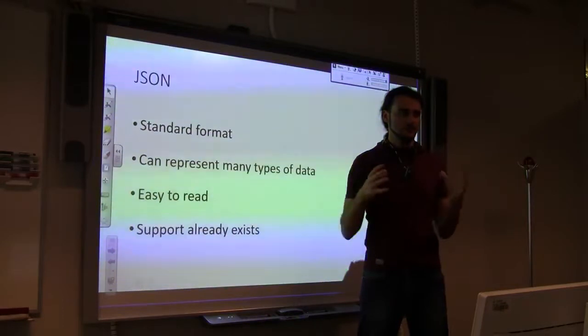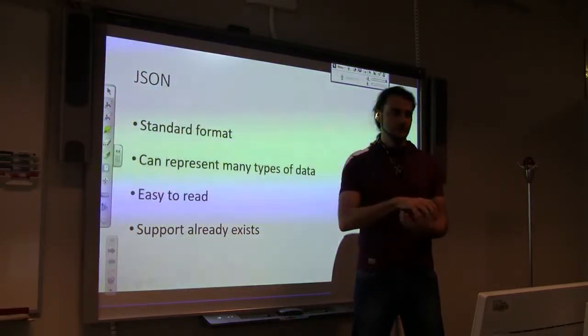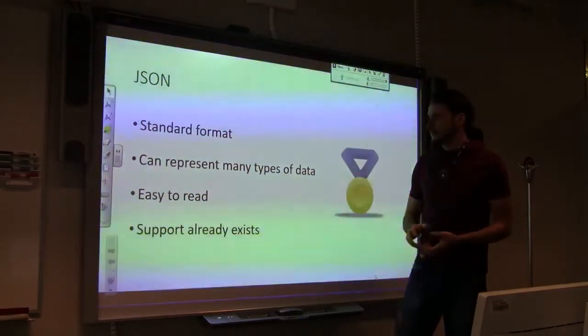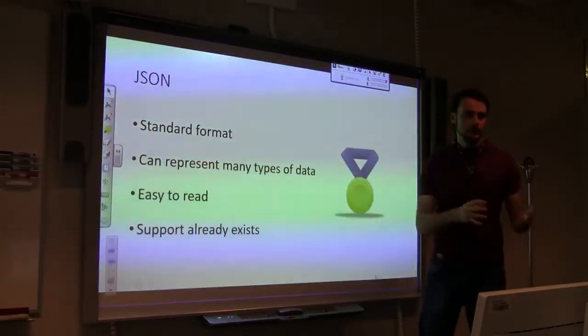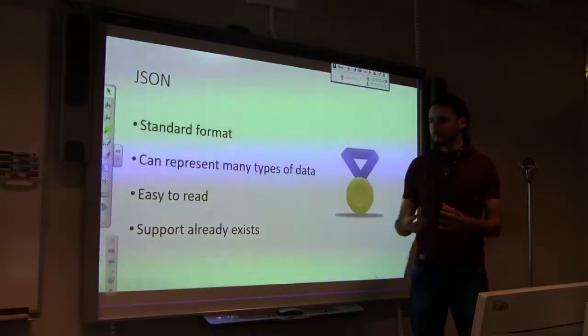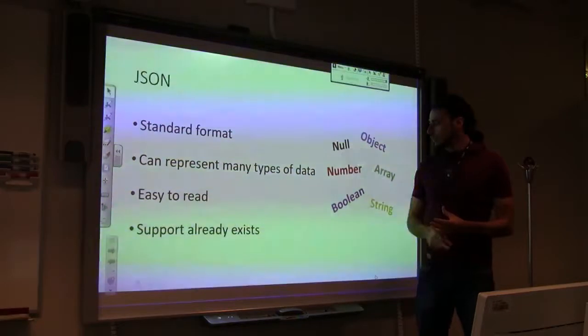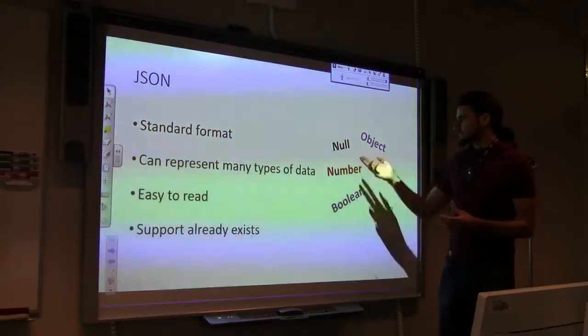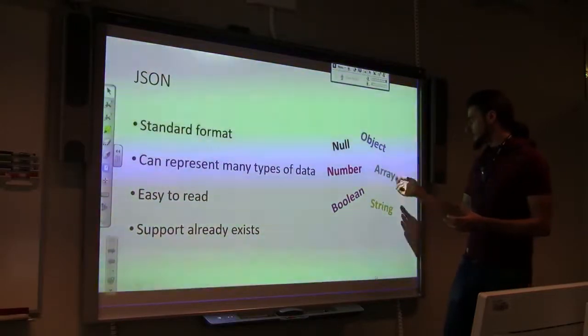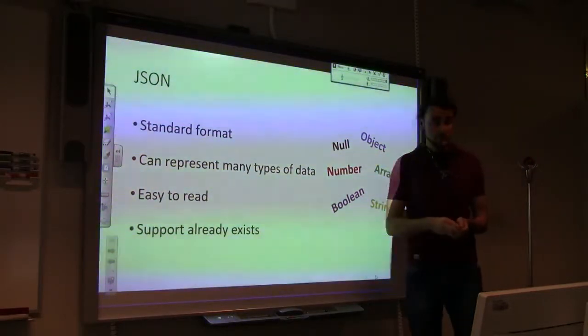So JSON is a way of structuring textual information. And as I mentioned, it's a standard. So once you learn this one, you can use it to send and retrieve almost any kind of data. You can use it to represent empty data, numbers, Boolean values, strings, arrays, or objects.